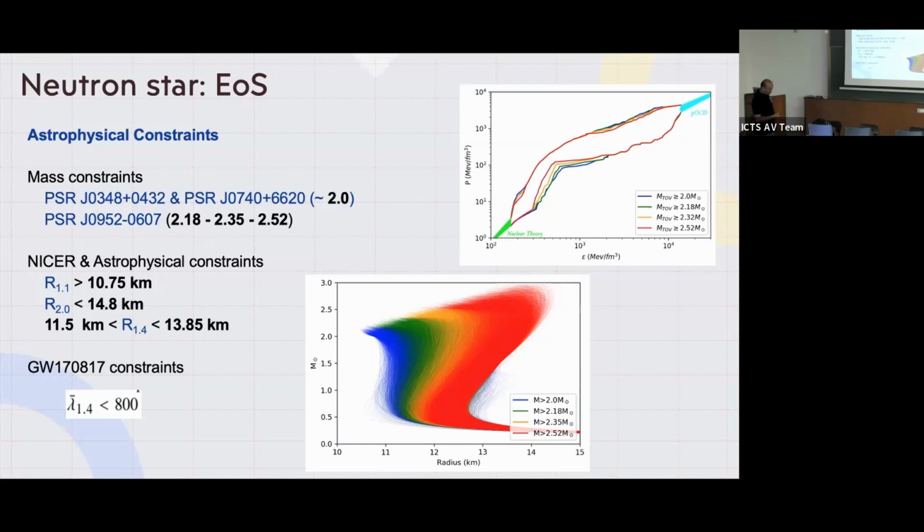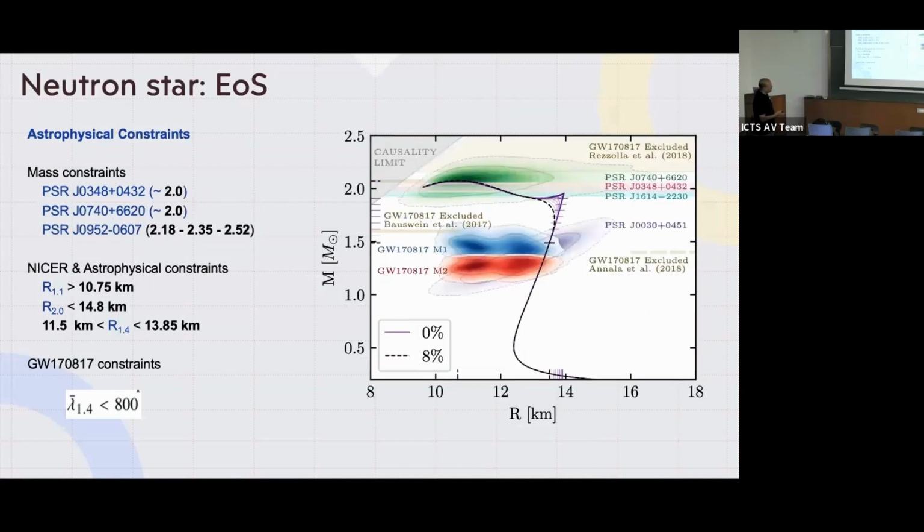So what are the constraints? They are the different masses. We have seen pulsars as massive as 2 solar masses, and this one is much higher, which has a controversy, but let us say that masses are beyond 2 solar masses. So any equation of state which doesn't reach the 2 solar mass will be discarded.